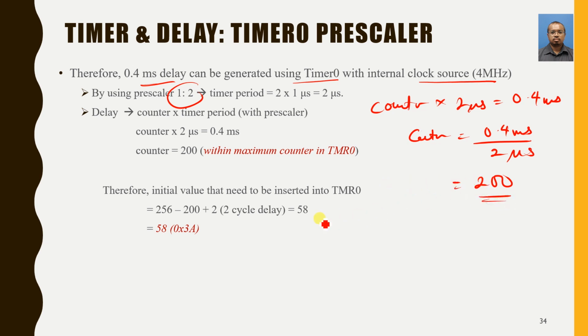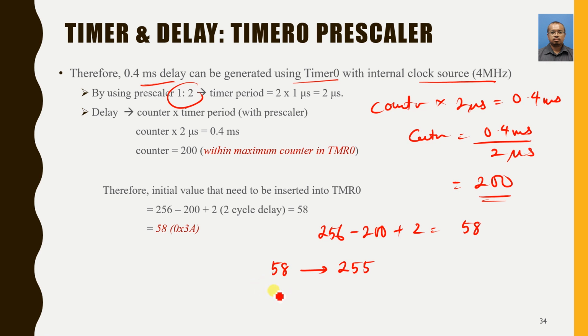So in order to get the 200 counter, you have to start from initial value. So 256 minus 200 plus 2. So you have about 58. So the counter will start counting from 58 until 255. Okay, when the counting starts, actually you need 2 cycles delay.